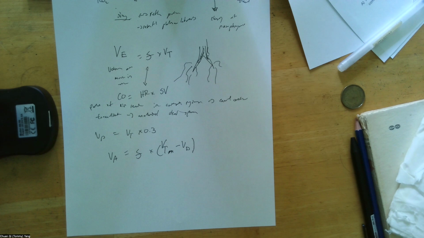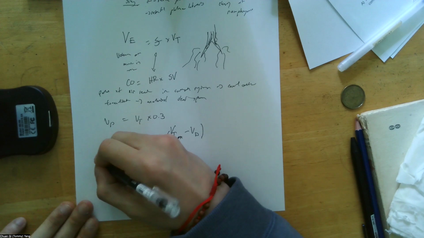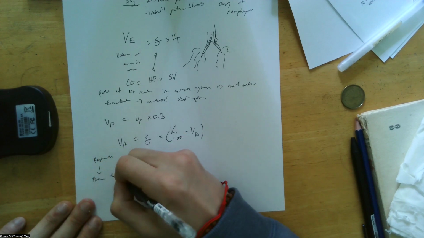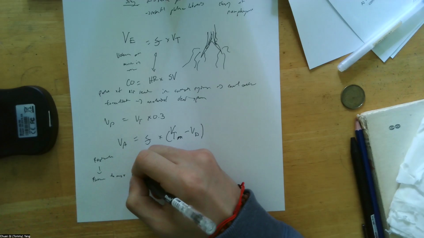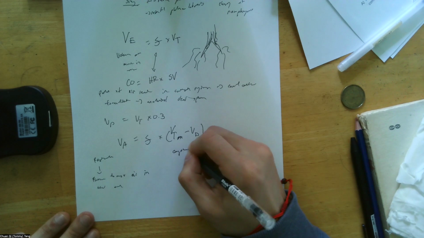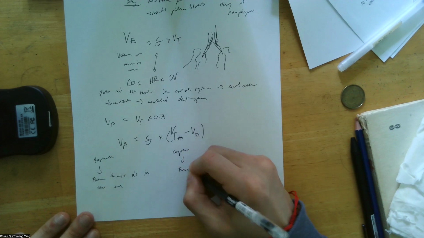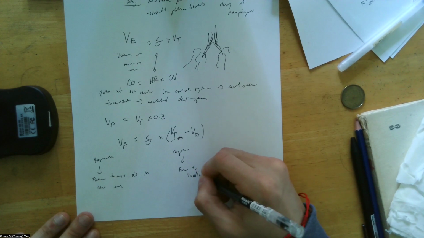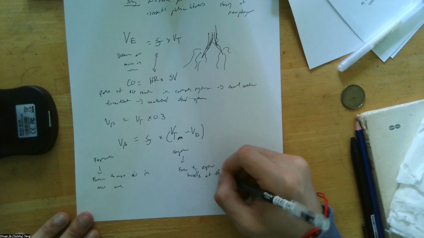You need a lot of energy to basically inflate a lung, but there are two components that we mainly need to consider. One is resistance, which is the force to move air in and out. And the other thing is compliance, the force to expand the walls of the lung.